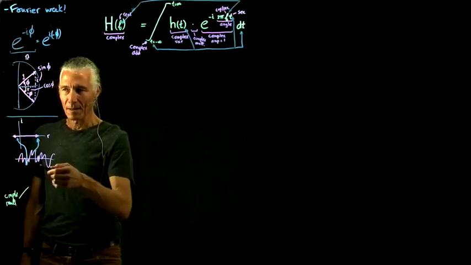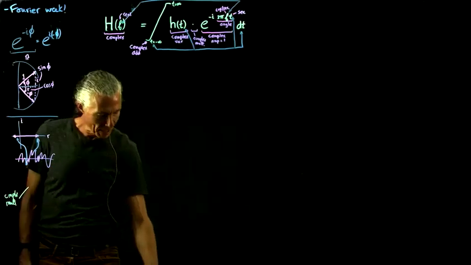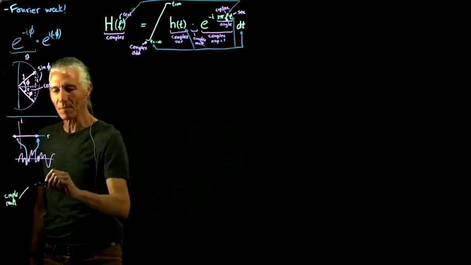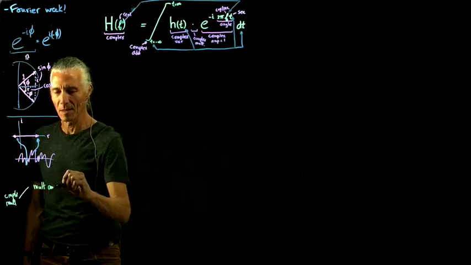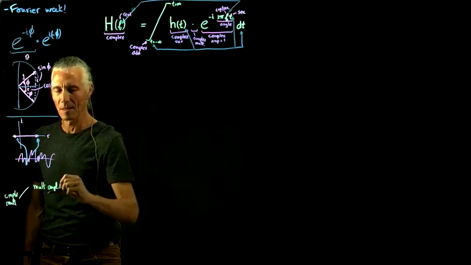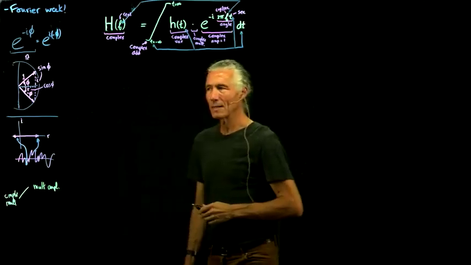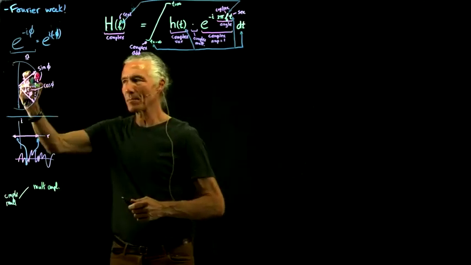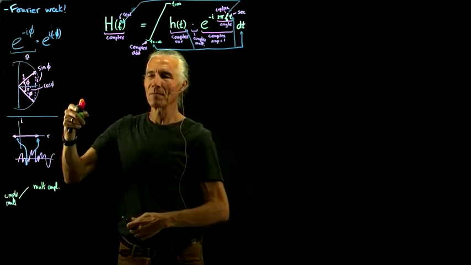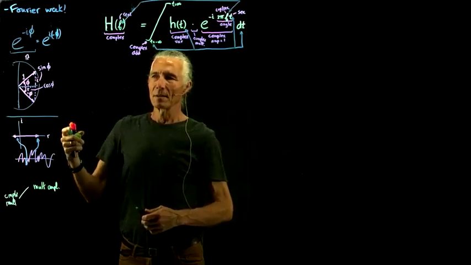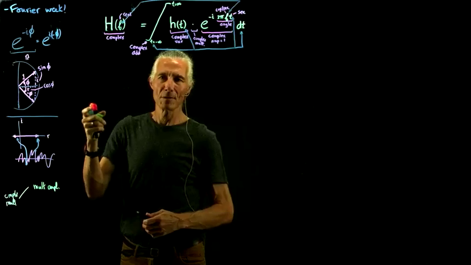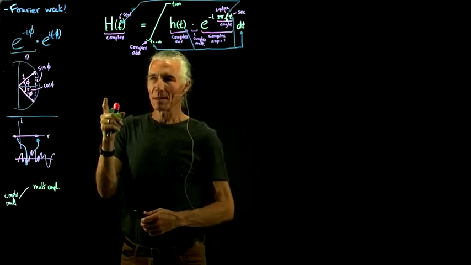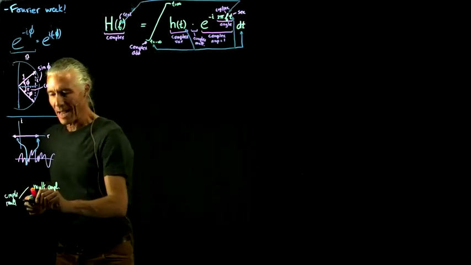The way we multiply complex numbers is you multiply the amplitudes. In that respect, they act like regular numbers: whatever the amplitude is, you multiply it by the amplitude of the other complex number to figure out the amplitude of the result, and then add angles.